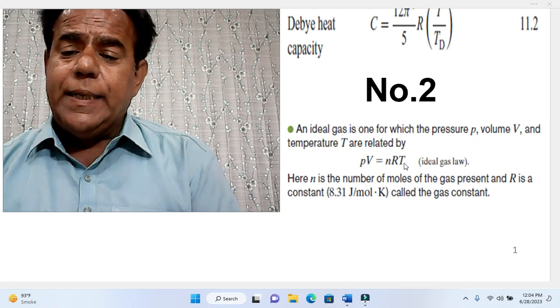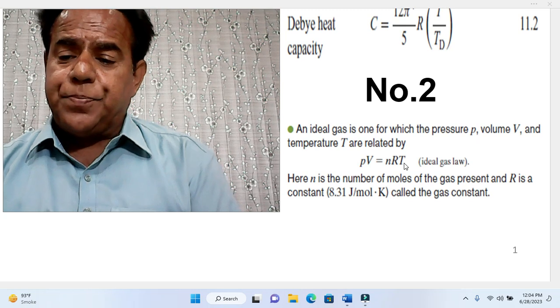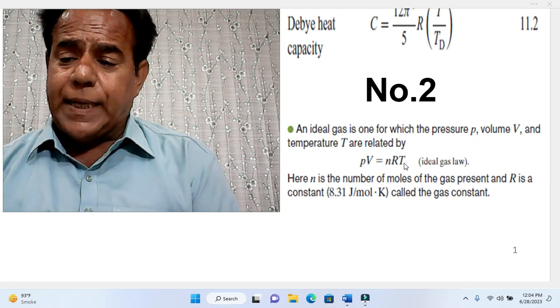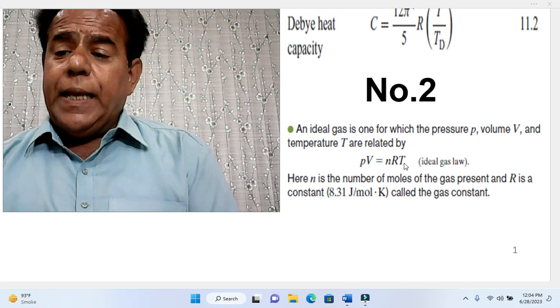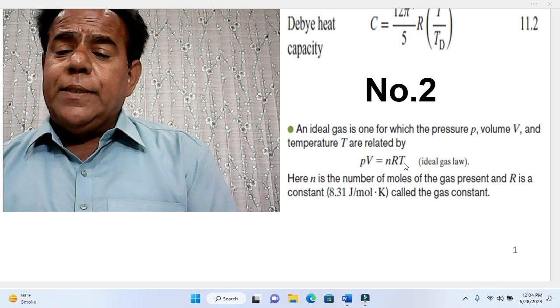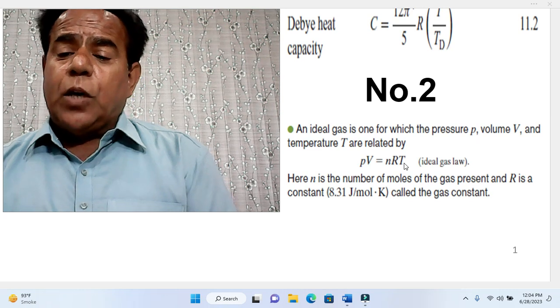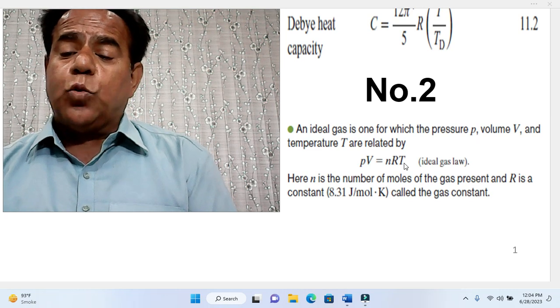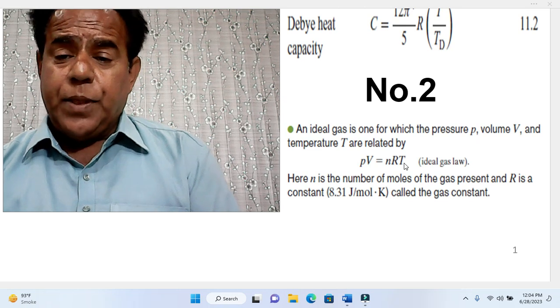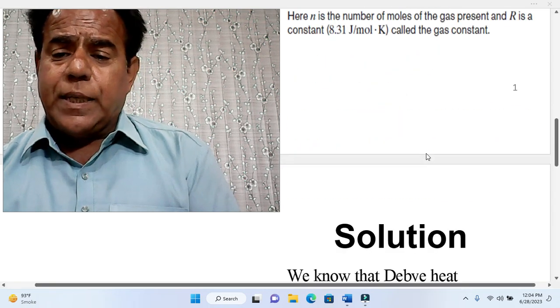Here n is the number of moles of the gas present, and capital R is the constant 8.31 joule per mole Kelvin, called the gas constant, or universal gas constant.